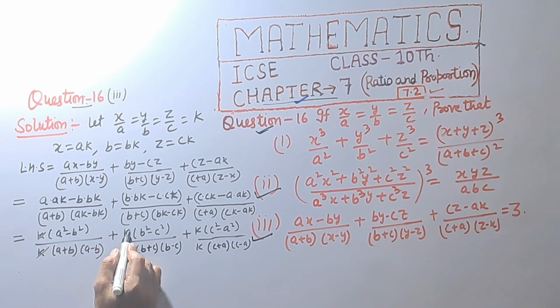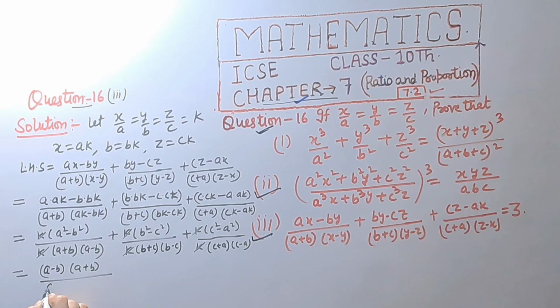k is cancel, k is cancel, k is cancel, and we get a square minus b square, that is a minus b into a plus b upon a minus b into a plus b. This is cancel, plus b minus c into b plus c divided by b plus c into b minus c.